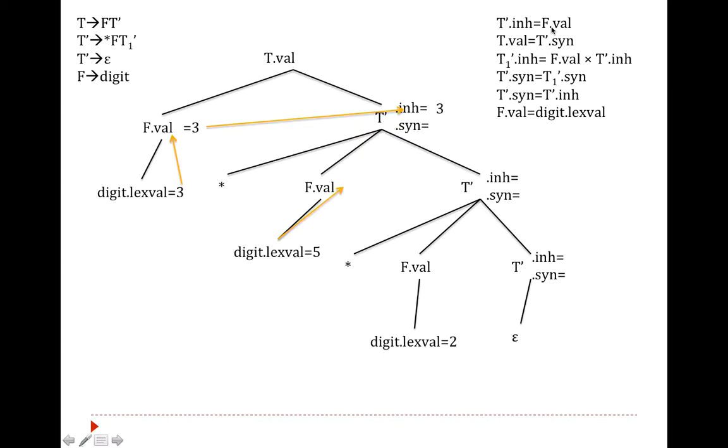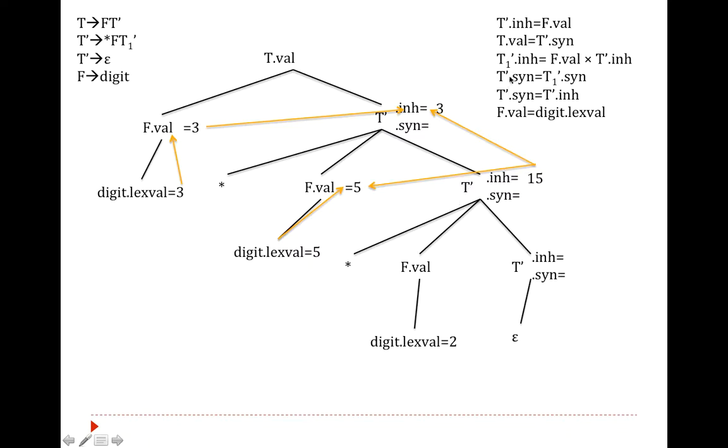Then this 5 is given to its parent because it is a synthesized attribute. Once again, T dash dot inh. Now this is basically T1 dash, so this becomes T1 dash dot inh.